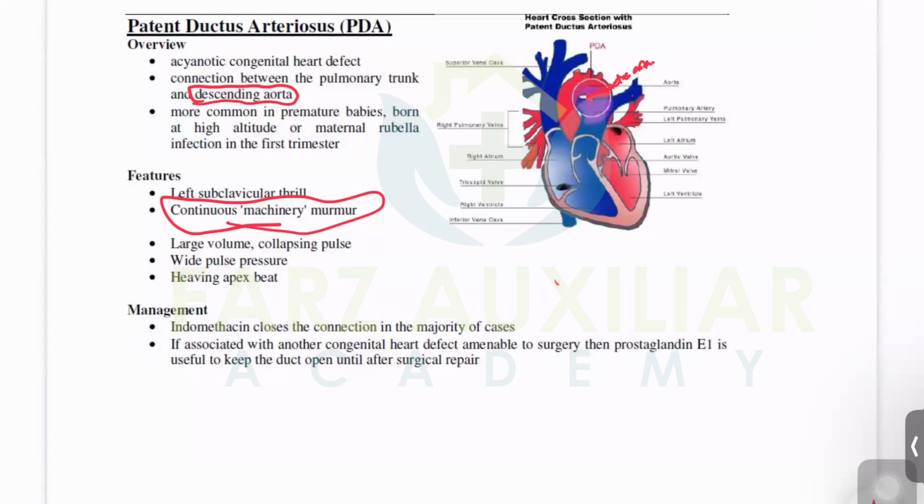So anything which is a prostaglandin inhibitor, like the non-steroidal anti-inflammatory drugs, specifically indomethacin, has been conventionally used to close the connection in the majority of cases by exerting its anti-prostaglandin action.